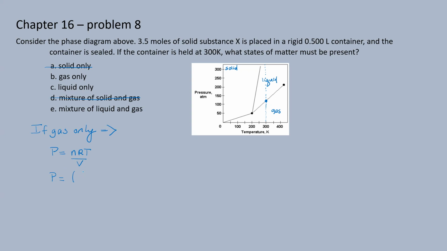So we've got 3.5 moles, R, (300 Kelvin) in a 0.5 liter container. So if all of it is a gas, it would have a pressure of 173.5.